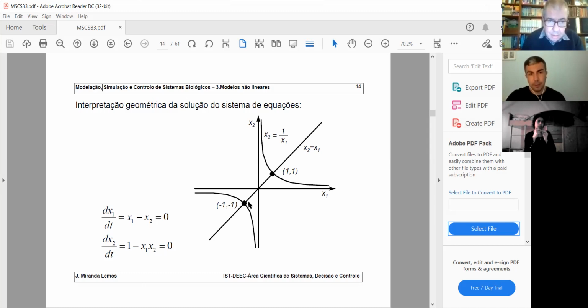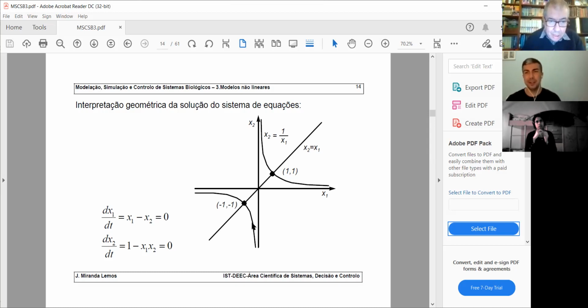Now, this other condition means that x1 x2 is equal to 1. And x1 x2 equal to 1 is a hyperbola, a curve of this type. You have two branches, this part here and that part over there. It's one of the so-called conic curves. Now I got it.